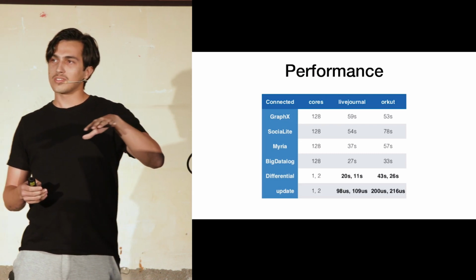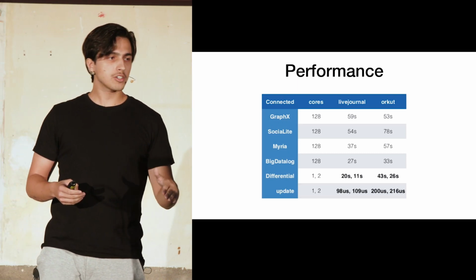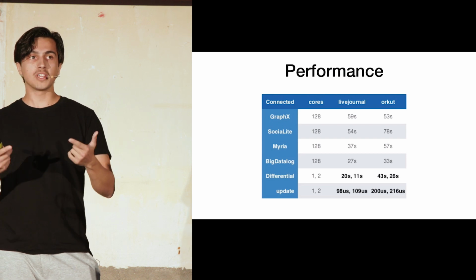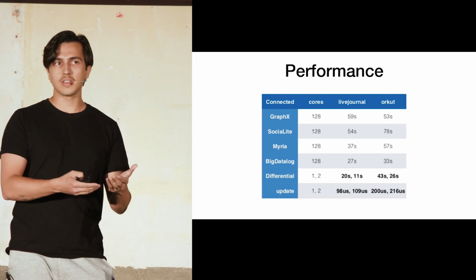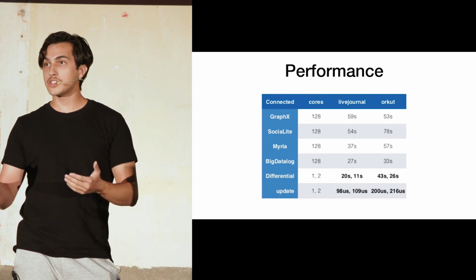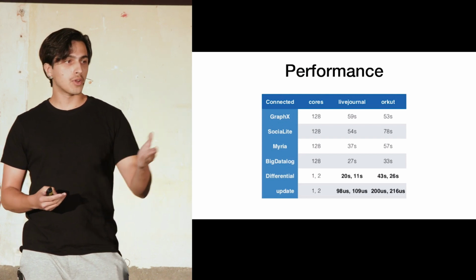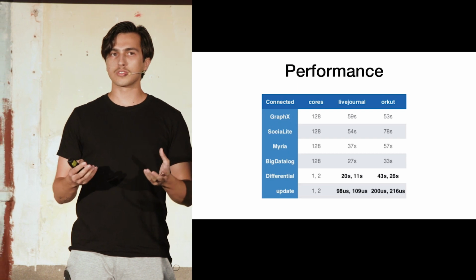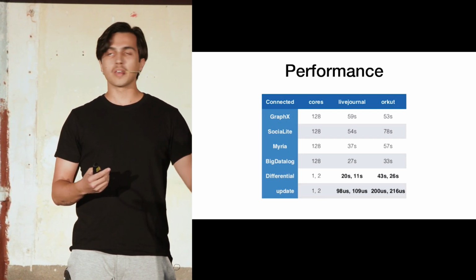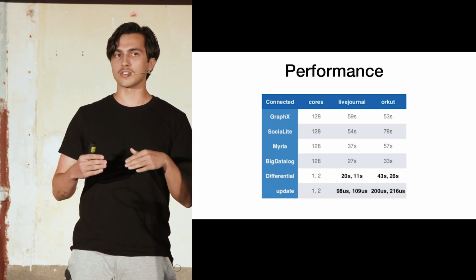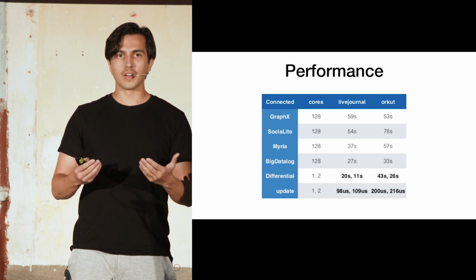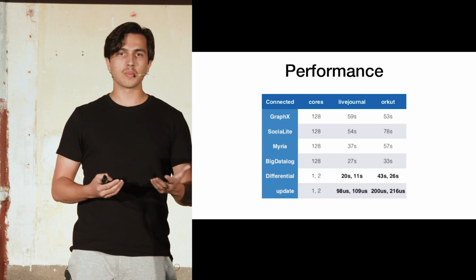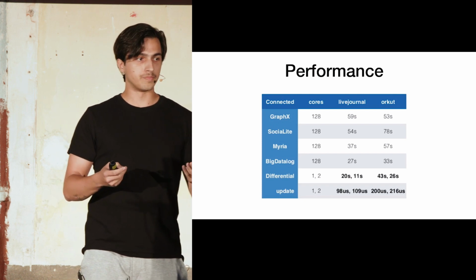And then the most salient row probably is the one on the bottom because that gives the time that it took differential to update the computation once it computed the initial result and a change happened to our graph. Differential only took a few hundred microseconds to update the strongly connected component structure in response to that, whereas all the other systems would have to start from scratch. And this is really where the practicality of differential in a streaming setting comes through.